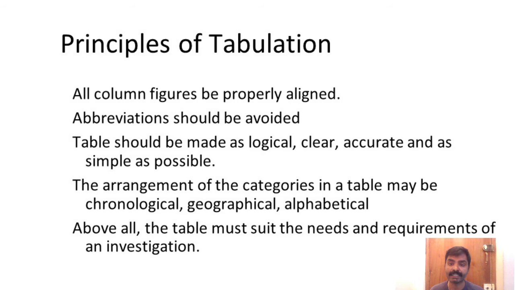A table must be clear, accurate, and as simple as possible. The arrangement of the categories in a table may be chronological, geographical, or alphabetical. Above all, the table must suit the needs and requirements of an investigation.